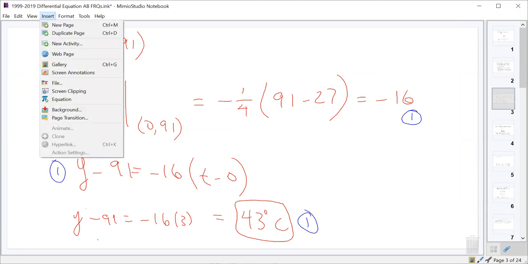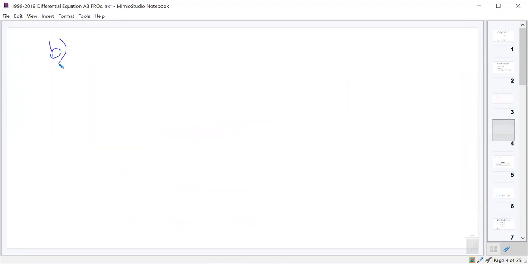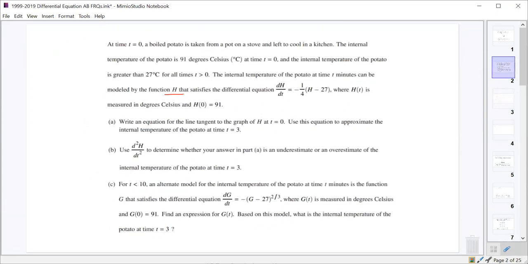Part B asks us something a little different than the other one. Use the second derivative to determine whether your answer from A is an under or overestimate. So first off, we have to find the second derivative. And I've found over the years that people, for some reason, have a difficult time finding the second derivative in these real life differential equation problems.